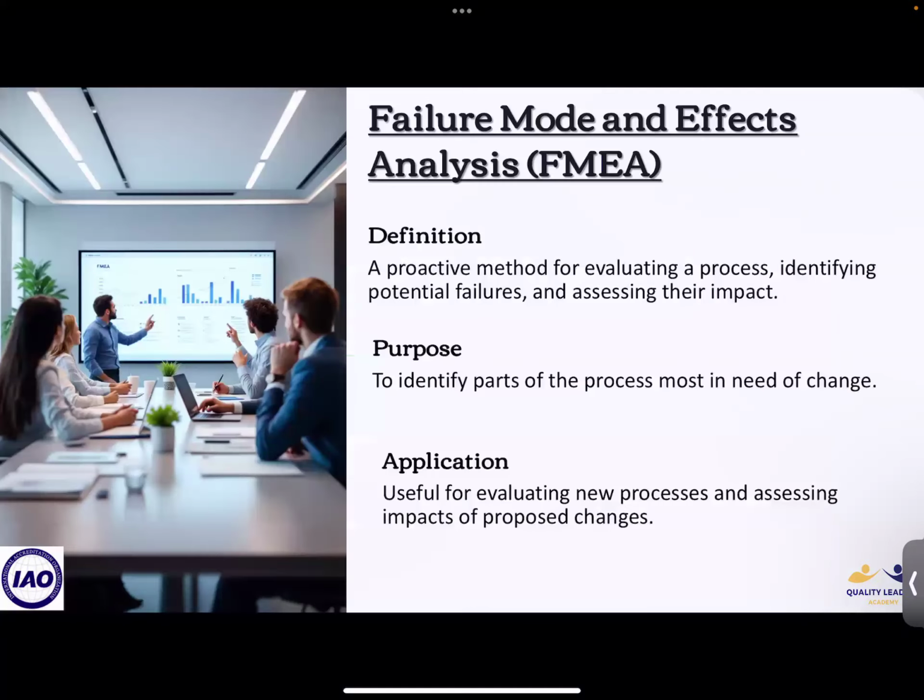I have some tools that I use as proactive methods, such as failure mode analysis, which is used to identify potential failures and their potential effects.